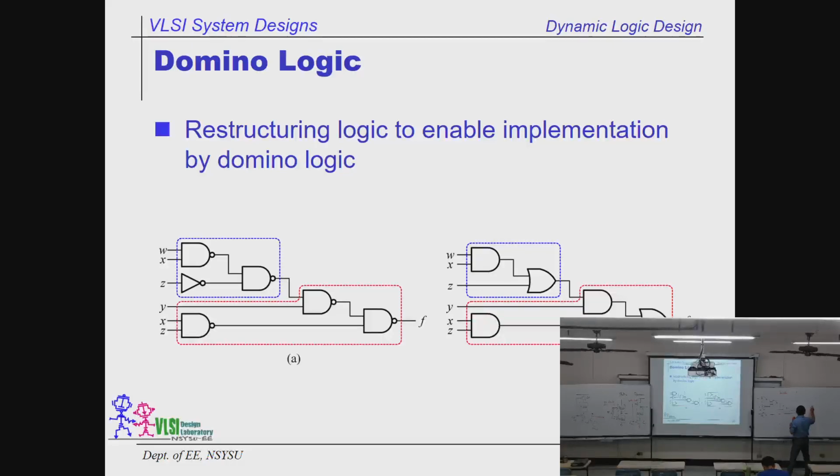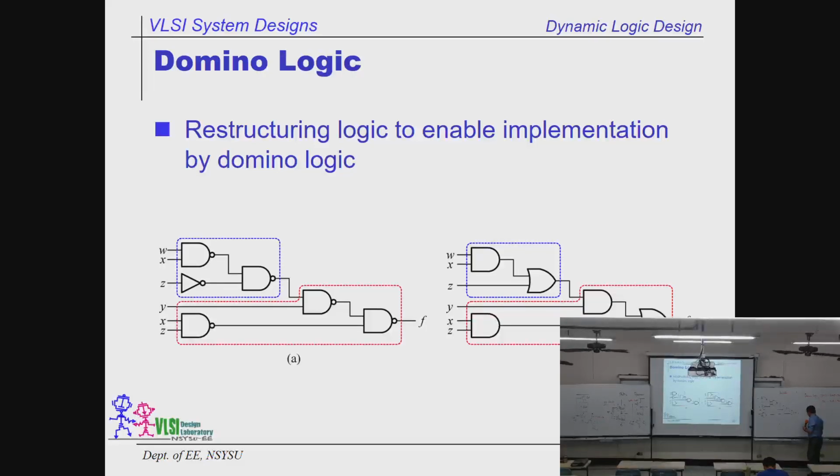Because dynamic domino logic only supports AND and OR, this is a combination of AND and an inverter, and this is NOR, which is OR plus an inverter. So this is the only thing we can do. Domino logic only supports AND and OR. So if you would like to realize this kind of circuit using domino logic, you've got to do the conversion. This is NAND, an AND and an inverter, and NOR, an OR and an inverter.